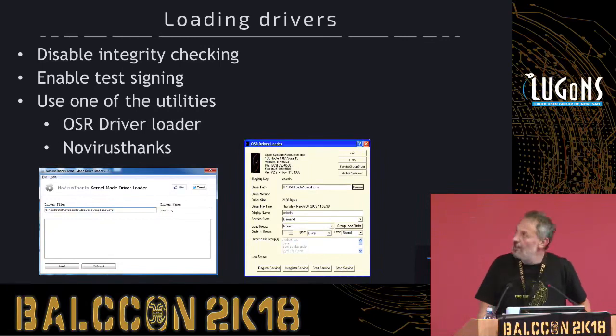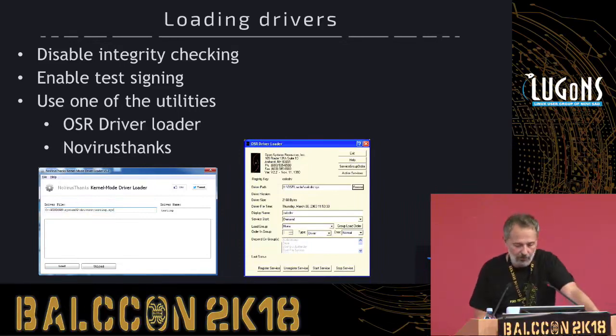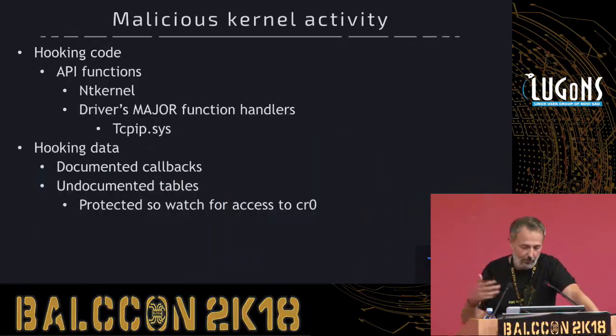But here are two utilities, one from OSR, a free utility, and the other one from NoVirusThanks, that set up most of the parameters for you, so you can simply load the driver. Then you can set a breakpoint for when the module loads, and as soon as the module loads, you hit the breakpoint and continue with the analysis.